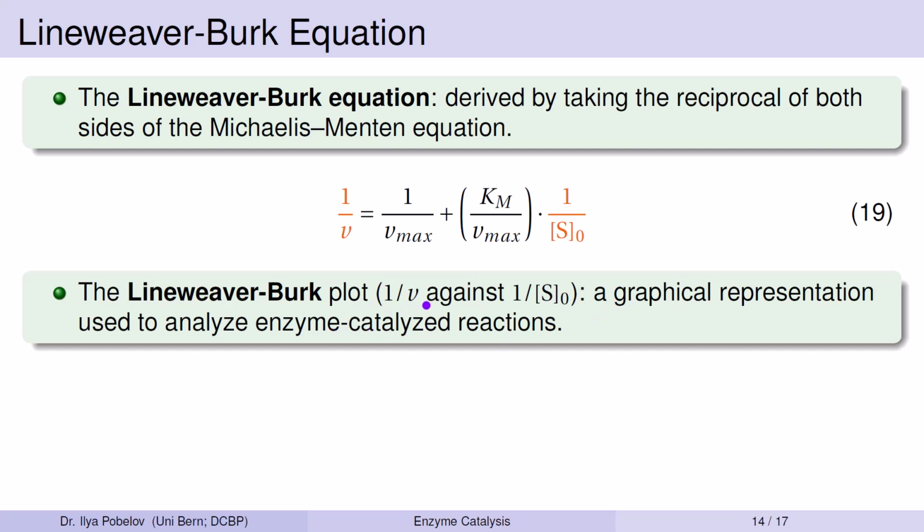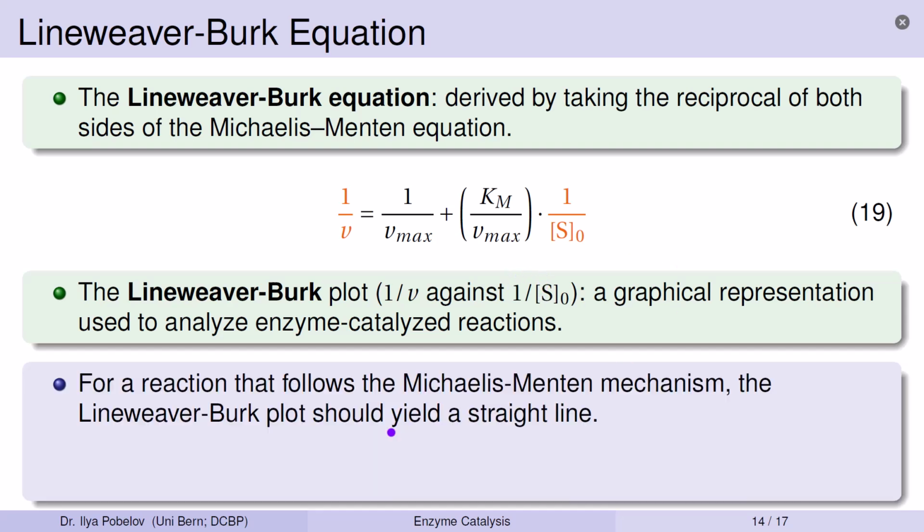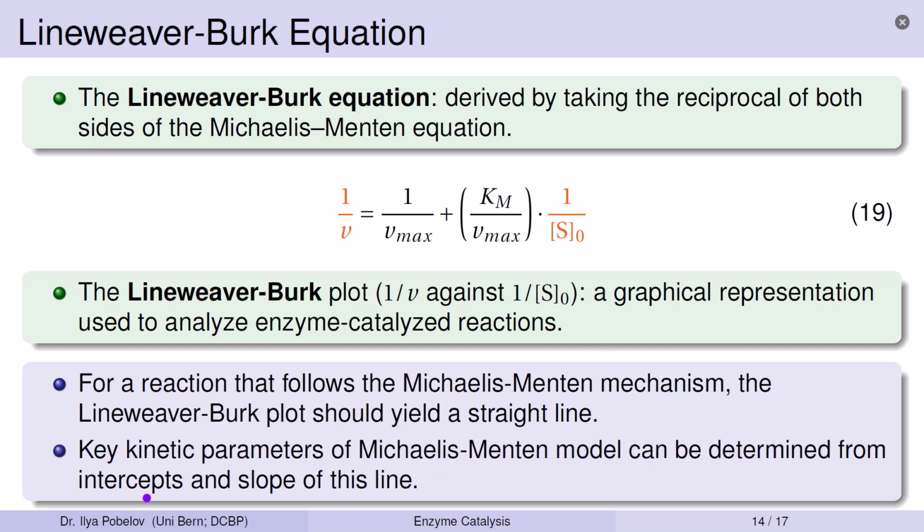In this plot, the inverse of the reaction rate is plotted against the inverse of the substrate concentration. For a reaction that follows the Michaelis-Menten mechanism, this plot should yield a straight line. Key kinetic parameters of the Michaelis-Menten model can be determined from the intercepts and slope of this line.